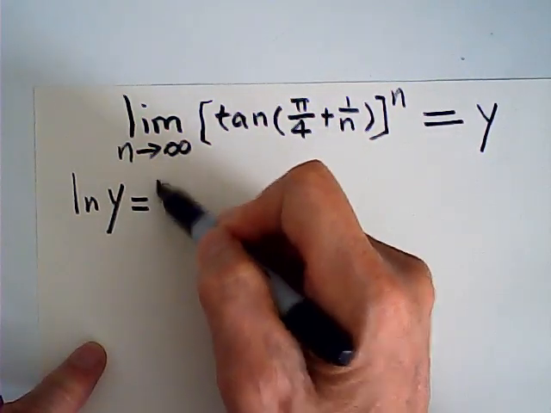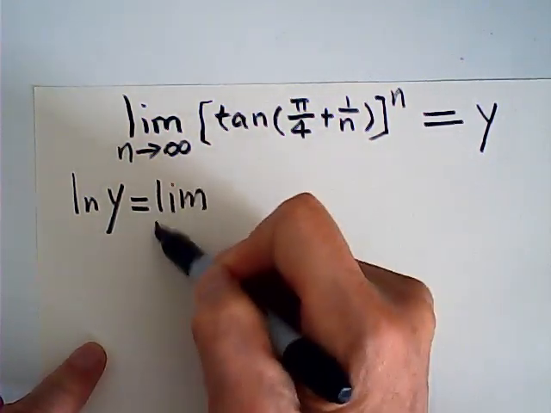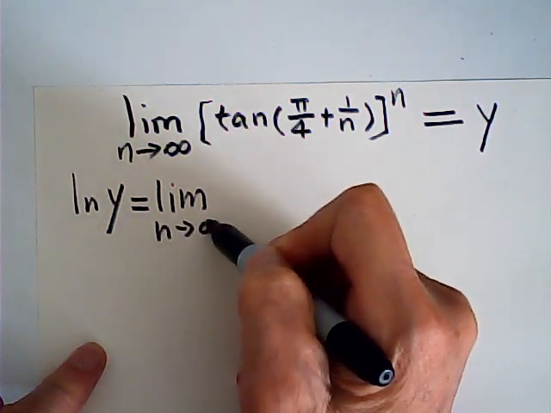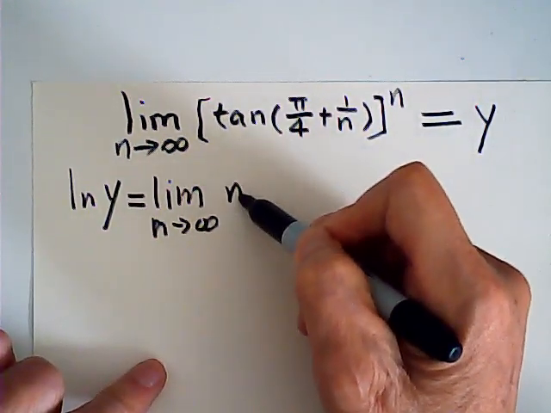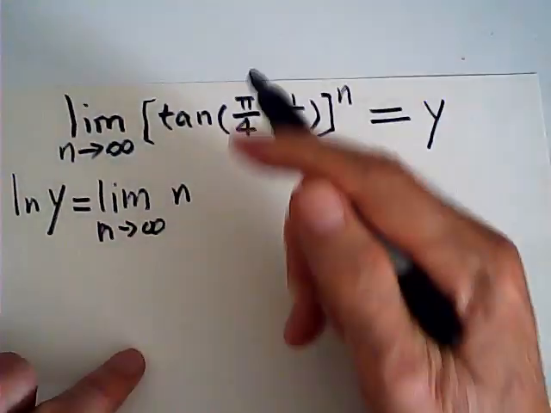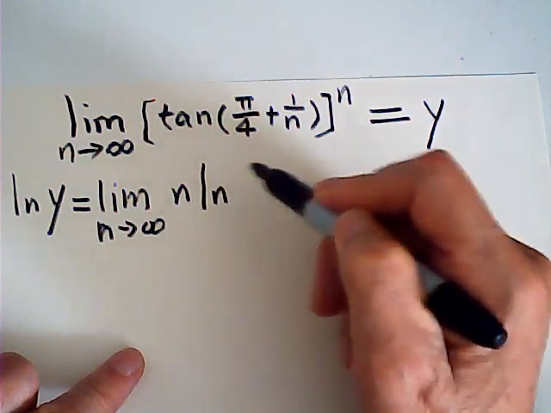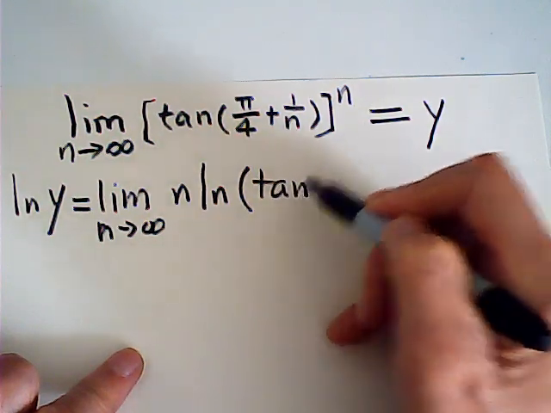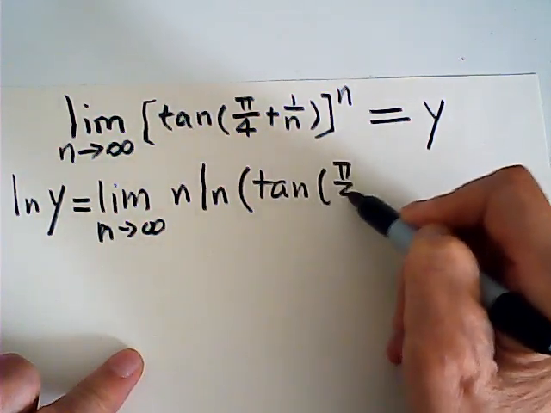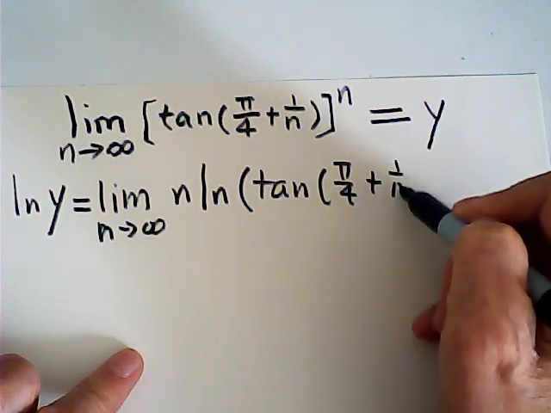log y is equal to the limit as n approaches infinity of n multiplied by log tangent of a quarter pi plus 1 over n.